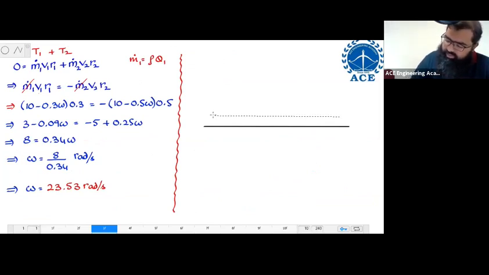This appeared in GATE examination. This was a slightly tricky case where both the nozzles were facing in the same direction, upward direction only.